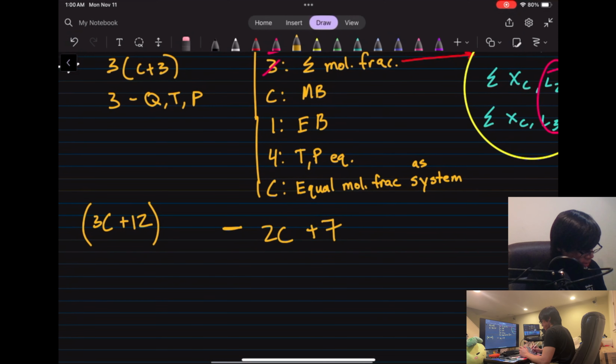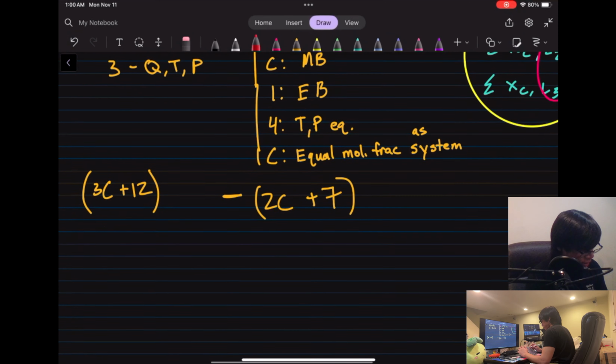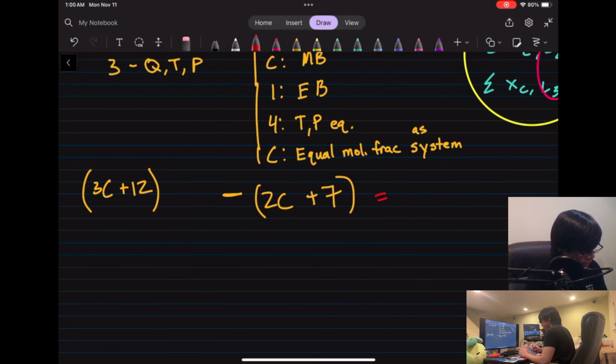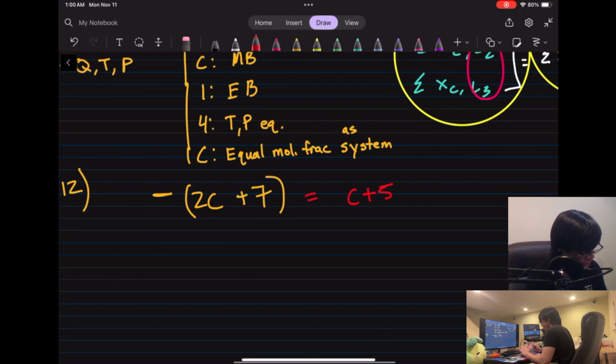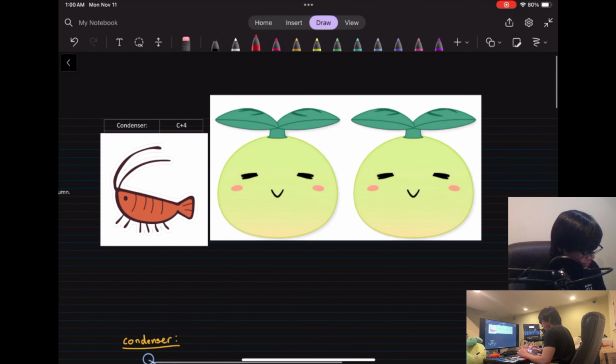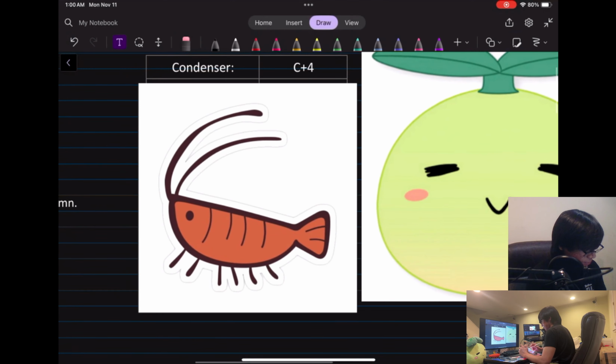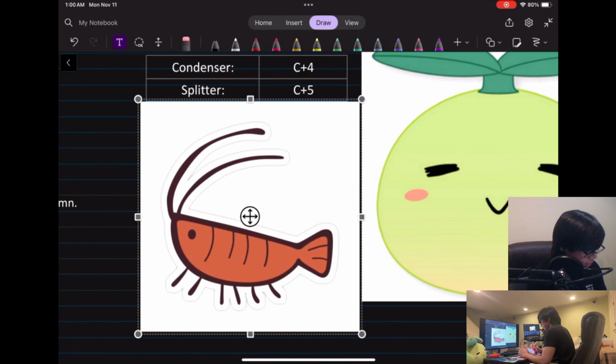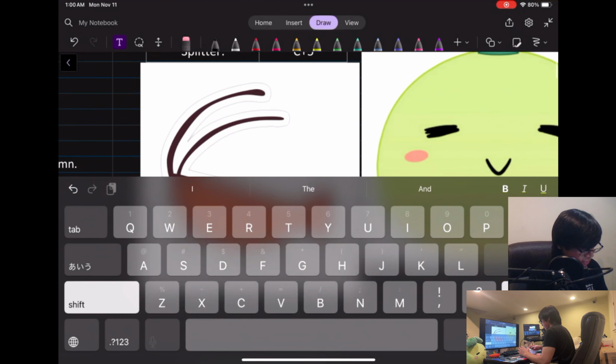And then this should be equal to, let's see, minus, so c plus 5. It should be 1 degree of freedom higher than our condenser. So yeah, c plus 4, c plus 5. Pretty sure I'm right, but it doesn't hurt to check. There we go, c plus 5, nice.